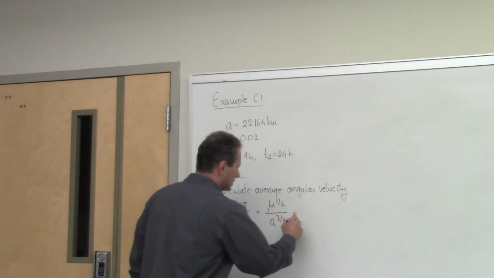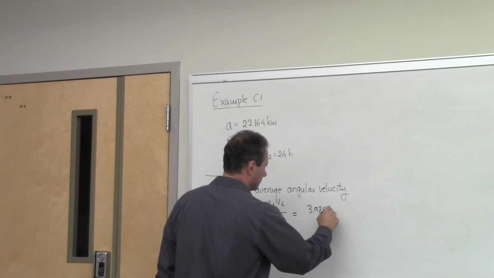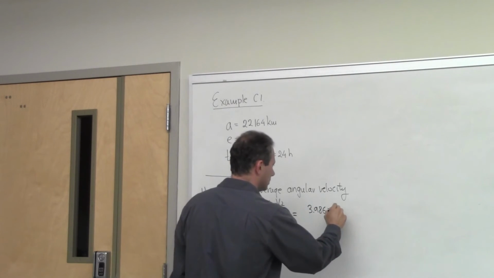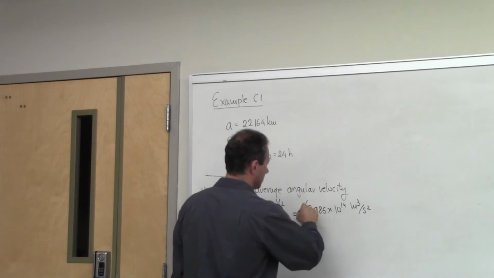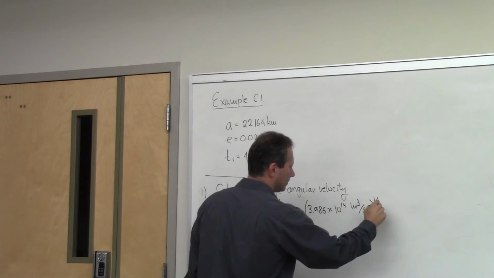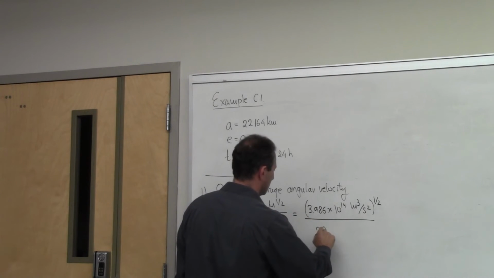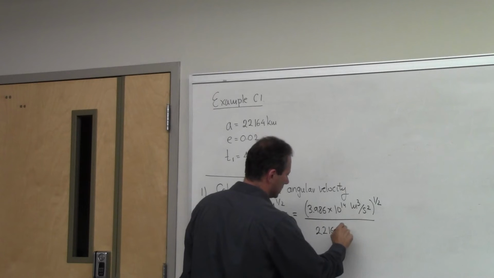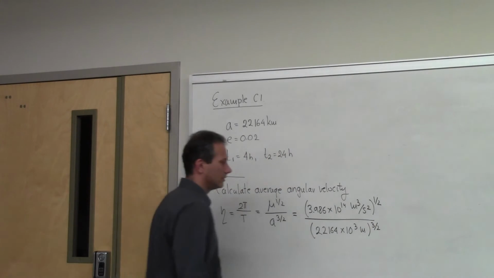So in this case, this becomes 3.986 times 10 to the 14 meters cubed per second squared, taken to the 1/2, and then divided by 22,164 times 10 to the 3 meters, to the 3/2, right?